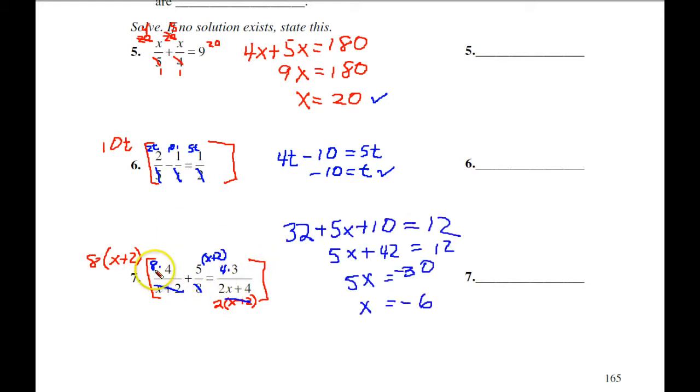So continuing, we're going to go 8 times 4 is 32. Then 5 times x is 5x. 5 times 2 is 10. 4 times 3 is 12. Group like terms. Transpose my 42 to the other side. That gives me a negative 30 over there. Divide both sides by 5. I get x equals negative 6. And that checks.